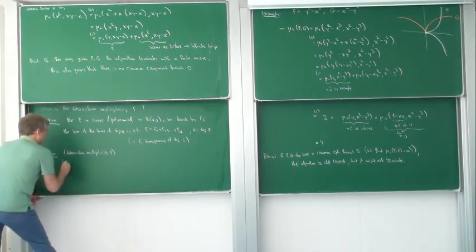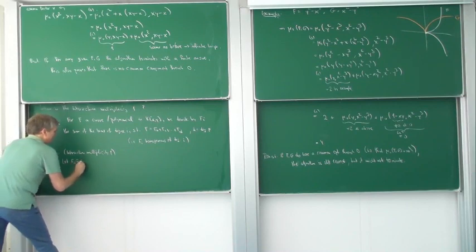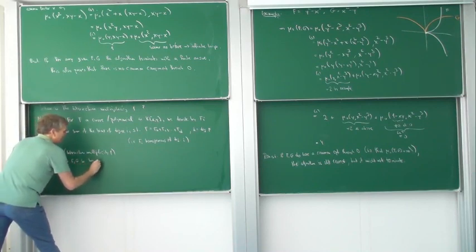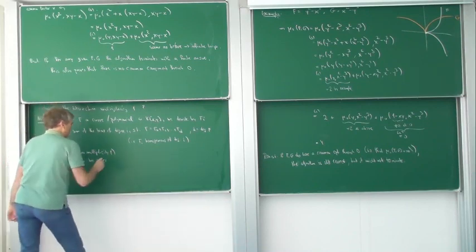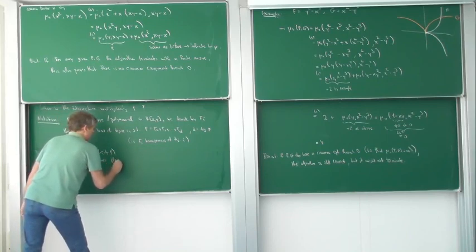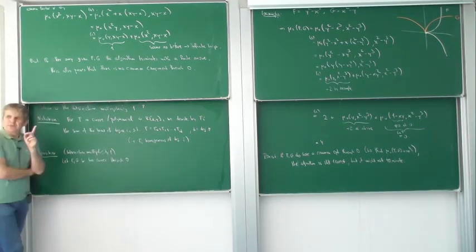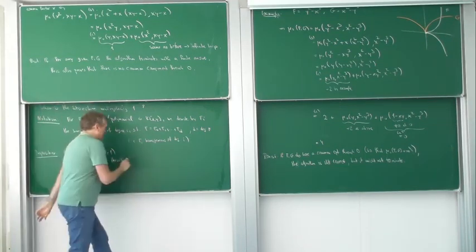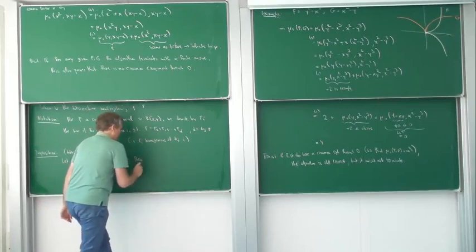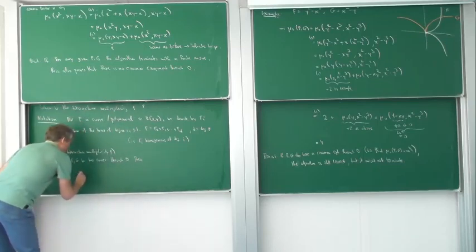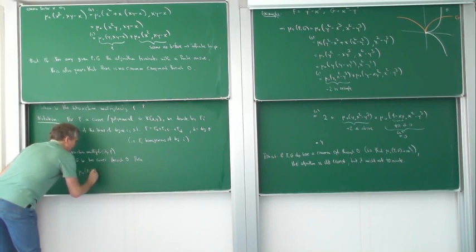Proposition about intersection multiplicity 1. Let f and g be two curves, say through 0. Then the intersection multiplicity at the origin, mu_0(f,g), is equal to 1.